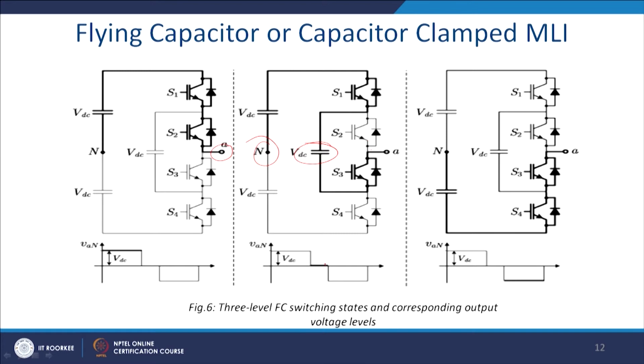Thus what essentially you get is a 0 voltage. Also there is a redundancy: you can generate that 0 voltage through S4 and S2.